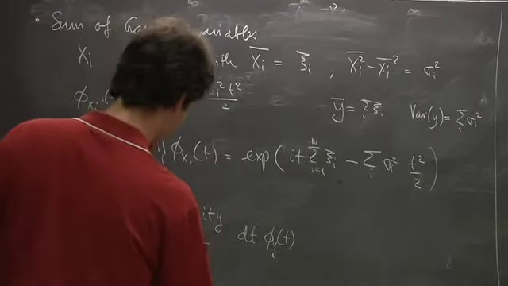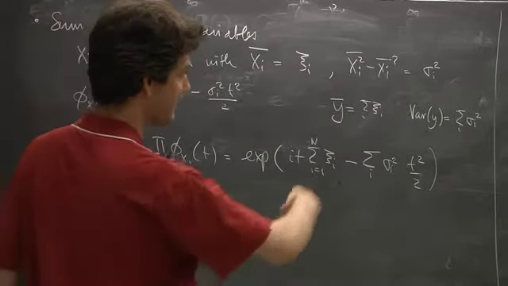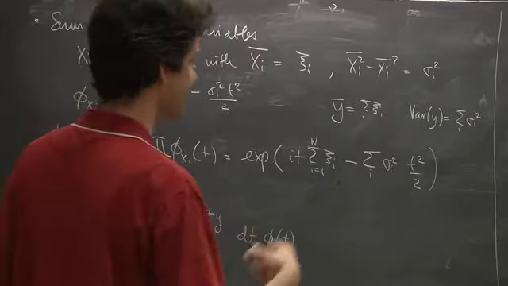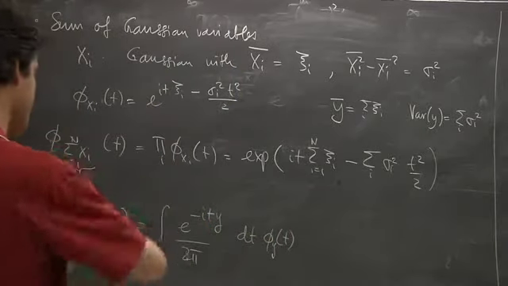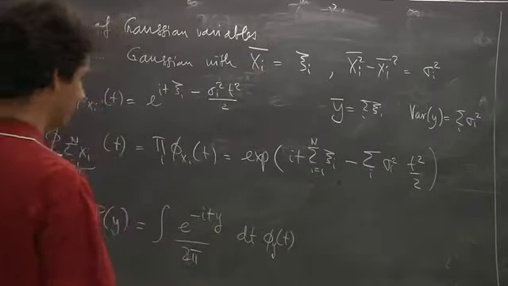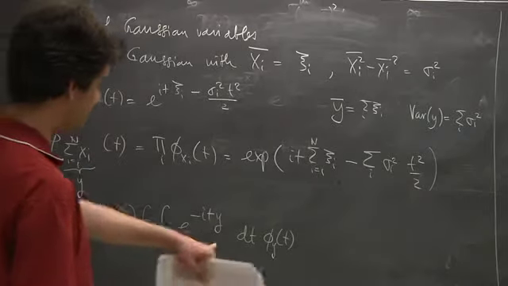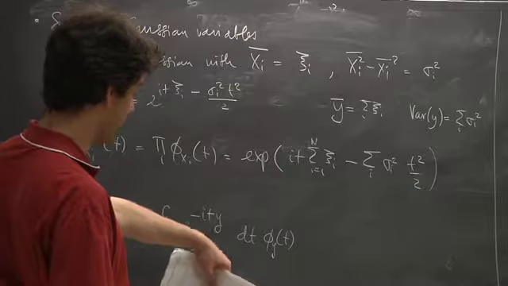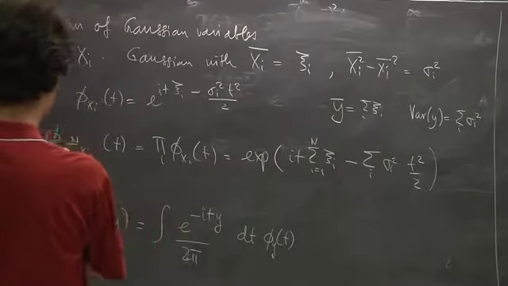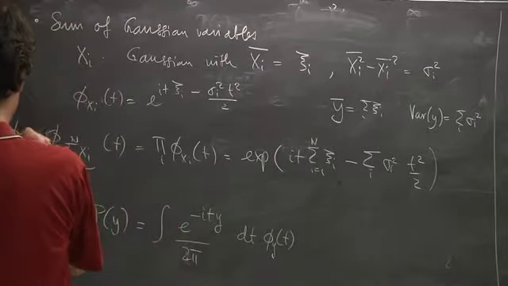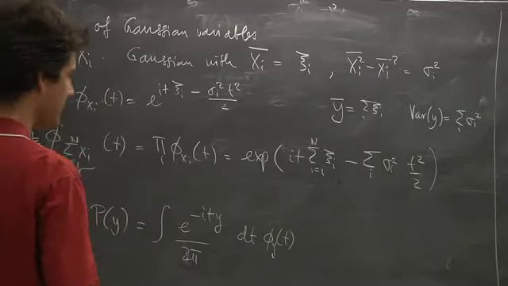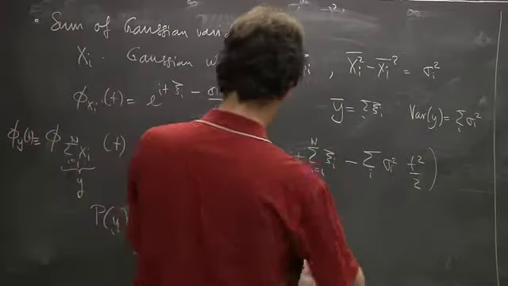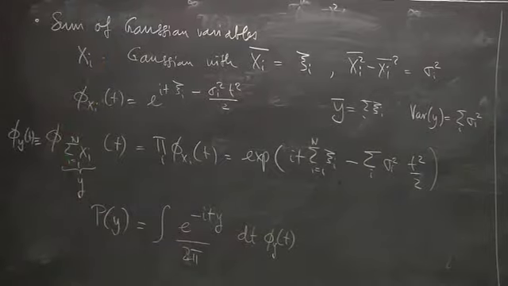2 pi here, because we didn't have a factor of a square root of 2 pi in the definition. So the inverse transform has 2 pi. Now, since you are all proficient with the Gaussian integrals, what do I get? So this is this phi y, no? So now I plug this in here. What will I get?